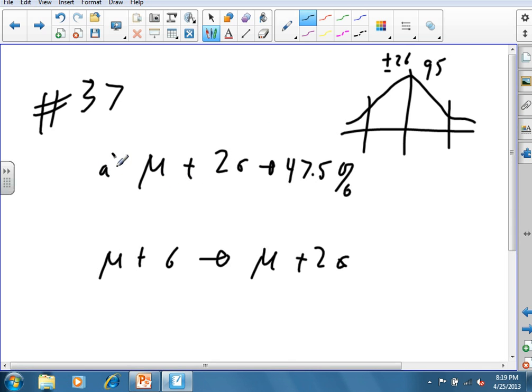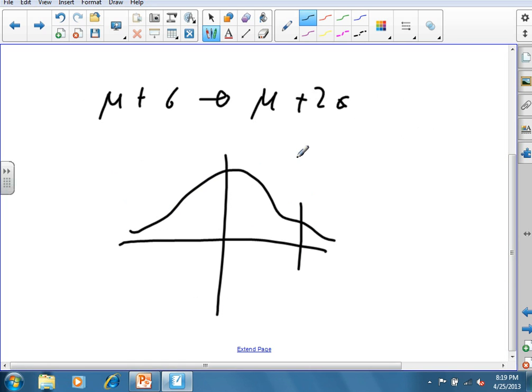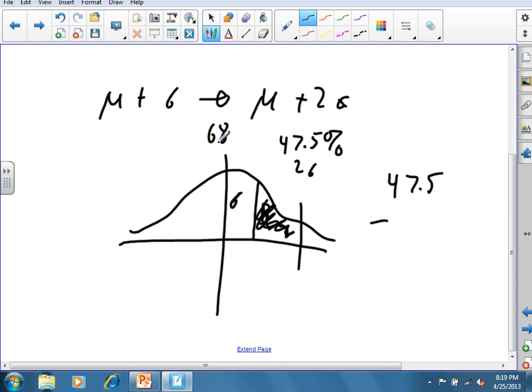So that's the A part. Now we look at it again. Here we have 2 standard deviations, and we have 47.5% there. Here's mu sitting here, and we want the data sitting between those two things. So we want 47.5 minus whatever this is. The rule is the 68 rule, right? Half of 68 is 34.